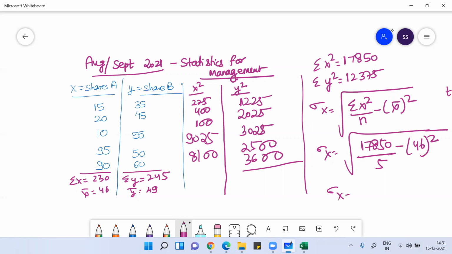So 17850 divided by 5 would be 3570, minus 46 square, which is 2116.